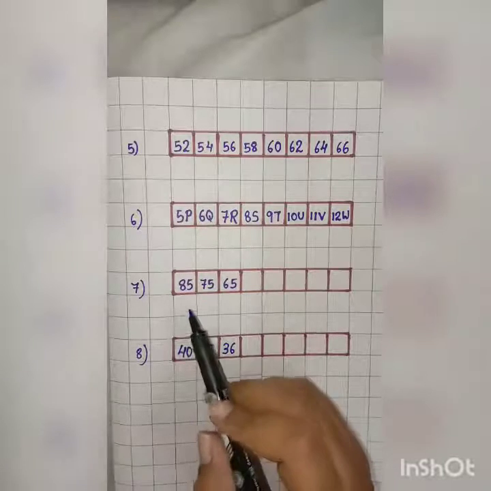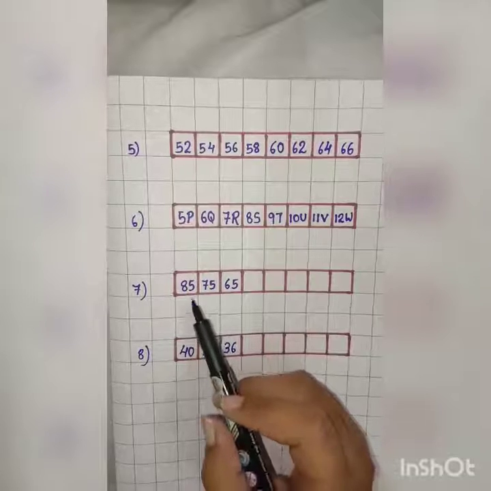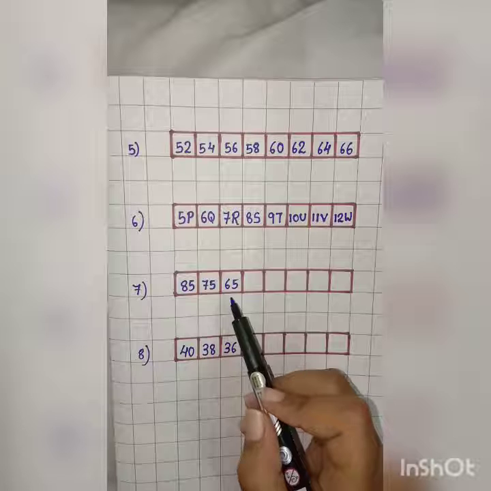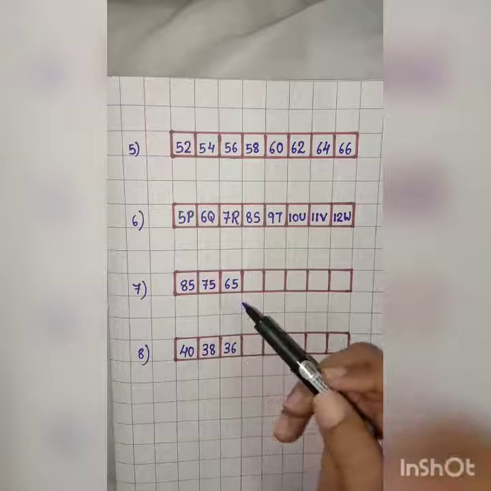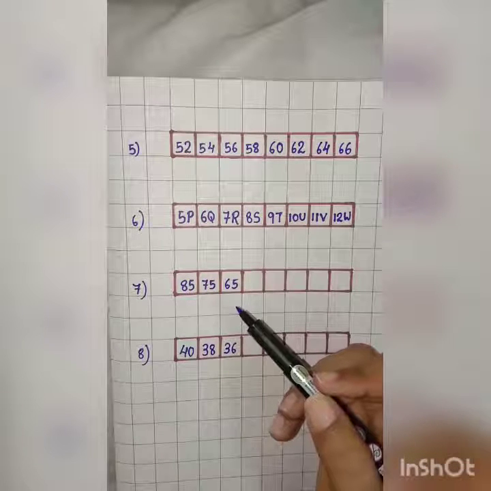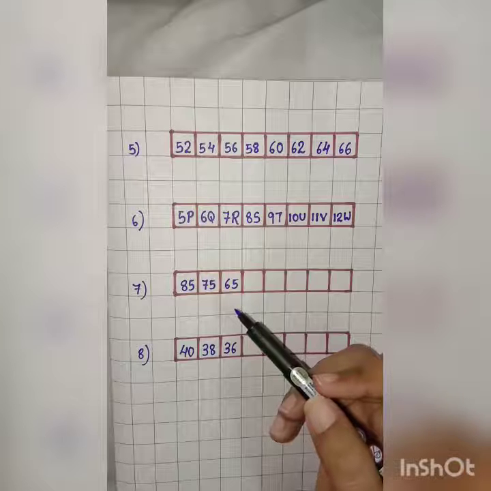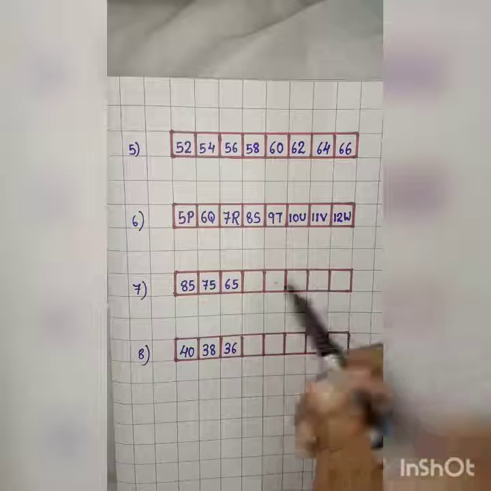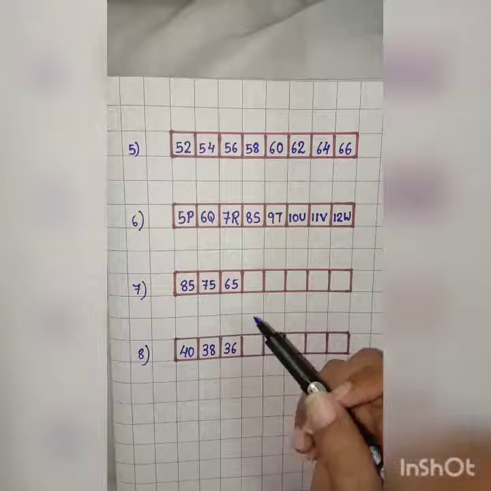Now, second last example. 85, 75, 65. Yes, we can see the counting by tens. Children, now you tell me, is this forward counting or backward counting?